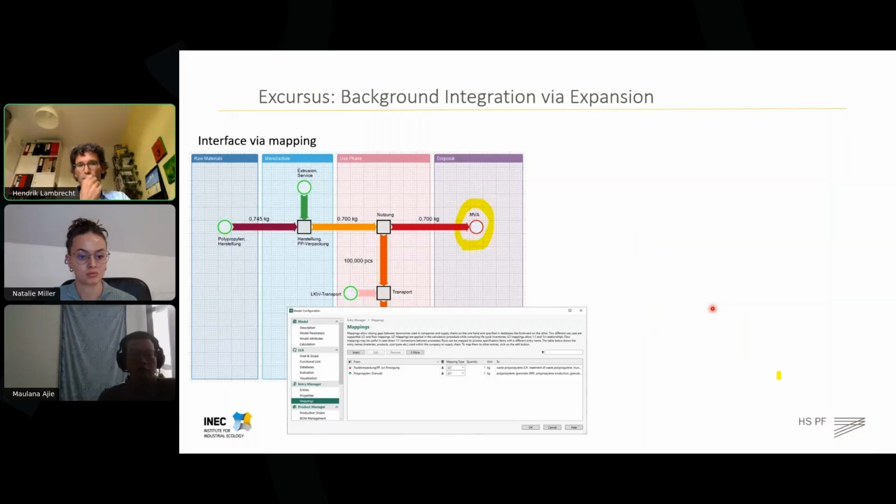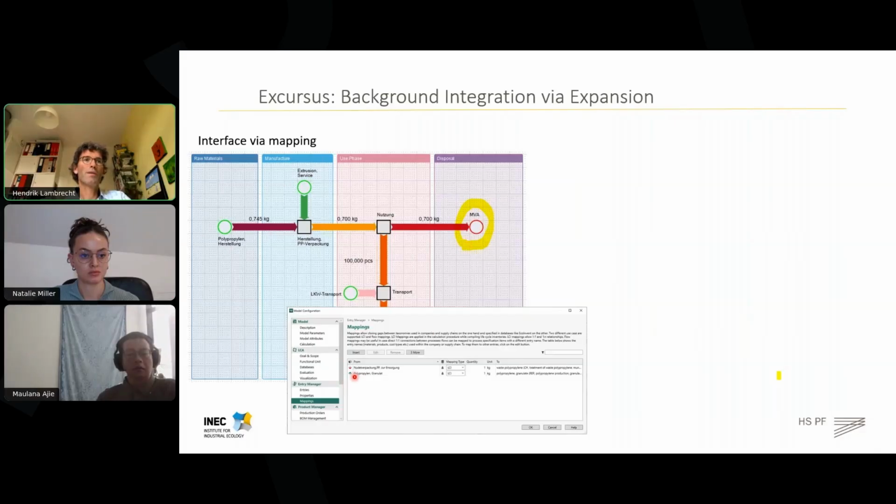And just to show this to you with this second excursus, we have two different ways to actually integrate or model background data. What we can do, and what I usually do as a first step, is we have, as I already said, these places as interfaces. For example, here we have the raw material which is produced, or here we have the treatment of the wastes. These are the points where we connect to the background database. And we can do this in Umberto by using so-called mappings.